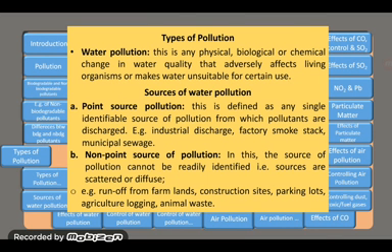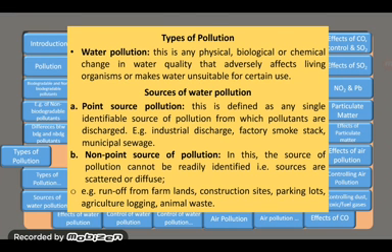The sources can be divided into two based on whether we are able to identify the source of that pollution or not. If the source is identifiable, we call it point source pollution. If the source cannot be readily identified, we refer to it as non-point source pollution. Point source pollution is any single identifiable source from which pollutants are discharged.